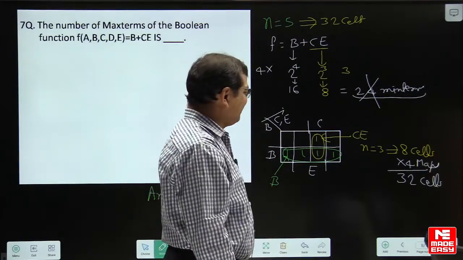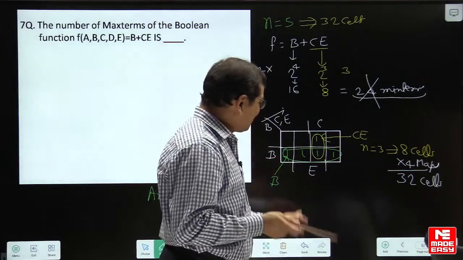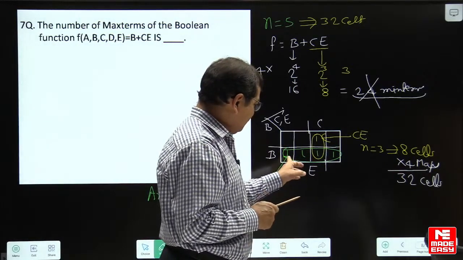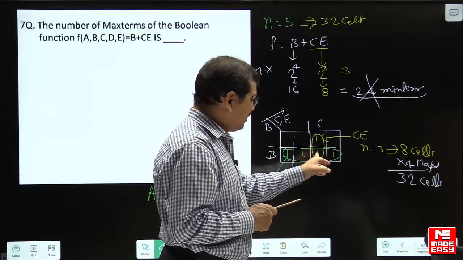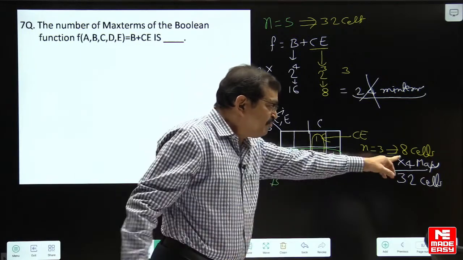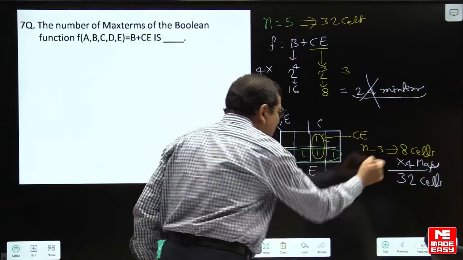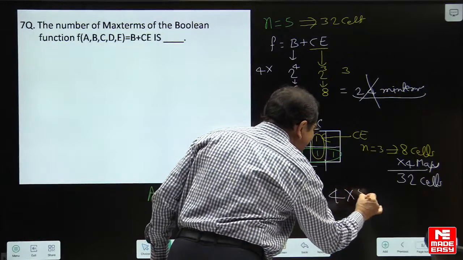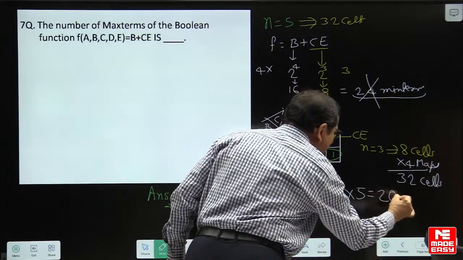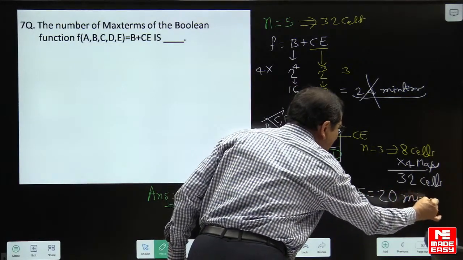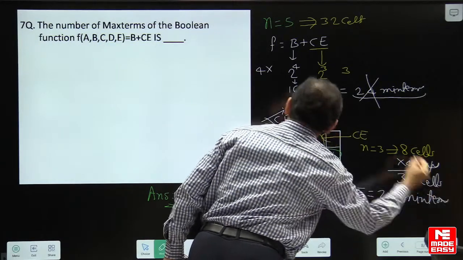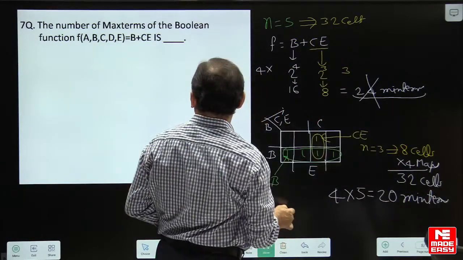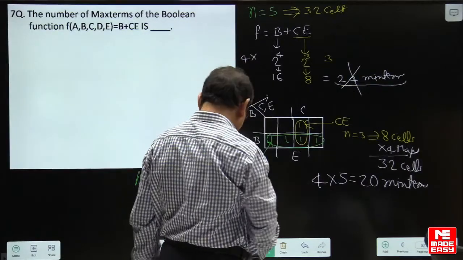Right? So if you are looking here, this we are looking with the 5 min-terms. If you use 4 maps, we'll be having 4 into 5, so we'll be having 20 min-terms. The function what is given here has 20 min-terms.